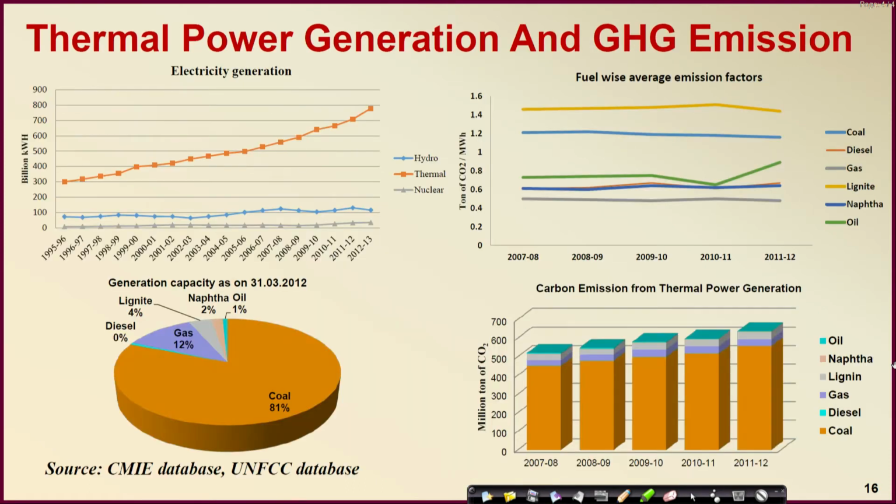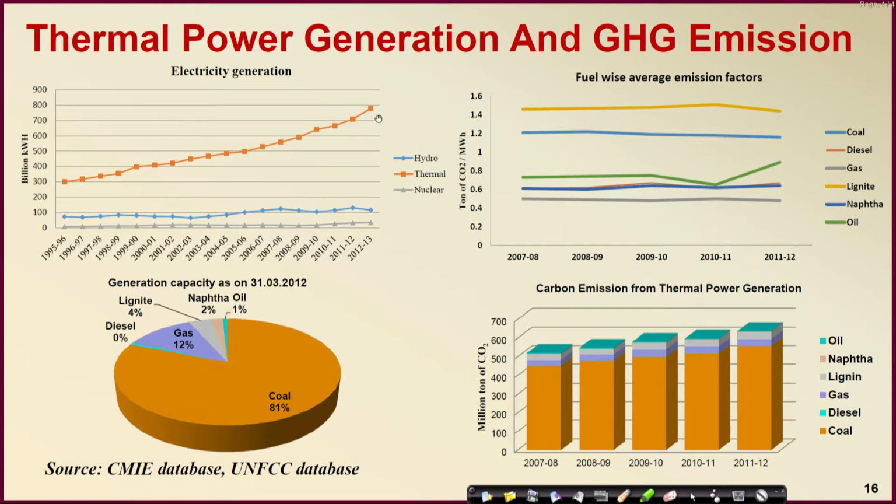Now, if you specifically look at thermal power generation and GHG emissions, here are some data. The first example shows that thermal power generation is increasing, right from 95-96 to 2012-13, in our country.